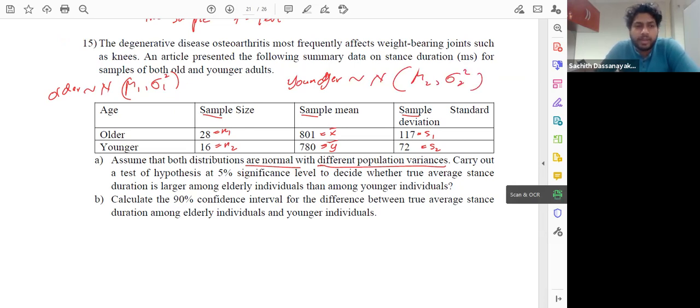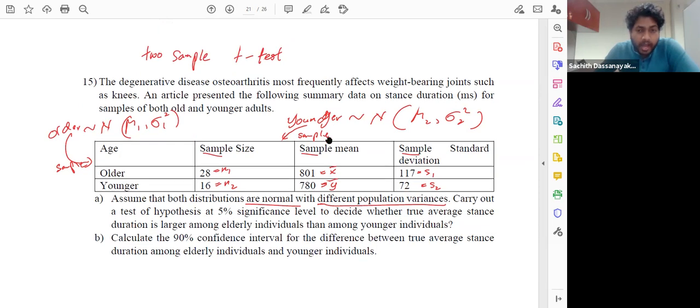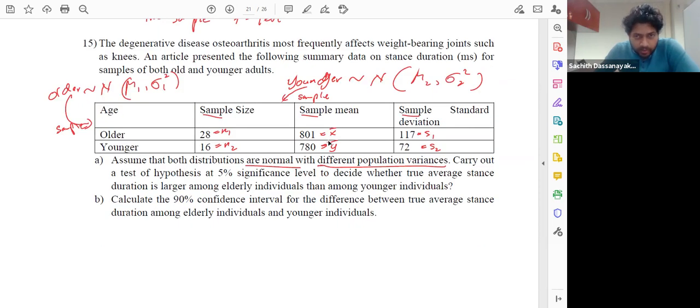Population, so we have taken samples for this. Since population variances are different and unknown, this is a two sample t-test.